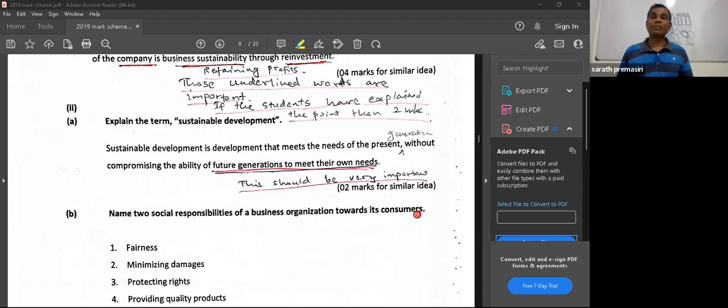Understand? Minimizing damages. If I am damaging you with regard to your future or education, or if I'm corrupting your mind by giving some unnecessary ideas or unnecessary messages or unnecessary political ideas, it is not my responsibility. I should not damage your thinking capacity, your knowledge, your attitudes.